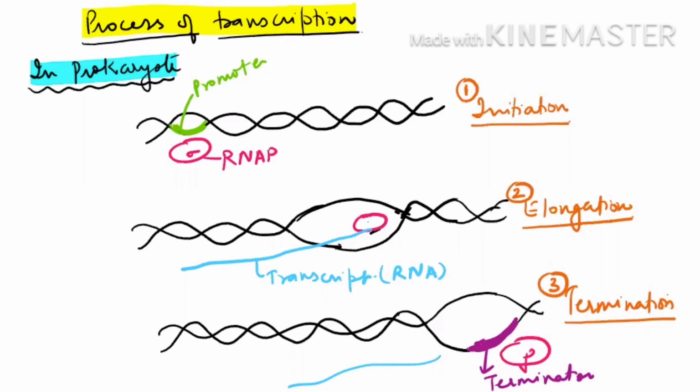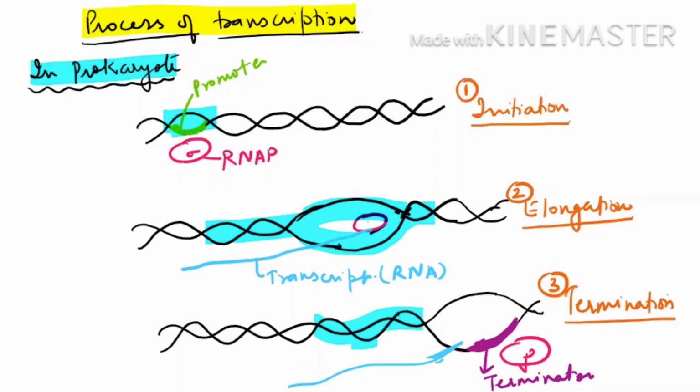So if you remember, we have already discussed that the promoter area will not be transcribed. Transcription is done only of which area? It is done only of the structural gene area. It is done only in this area, and it is stopped in this area. So up till here transcription is done. After that there is no transcription. After that the newly formed messenger RNA is released. Is it clear? So termination is done.